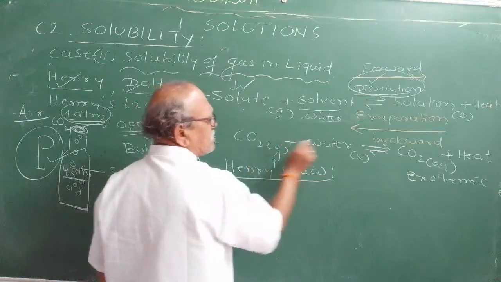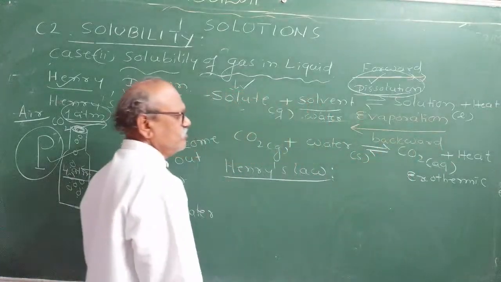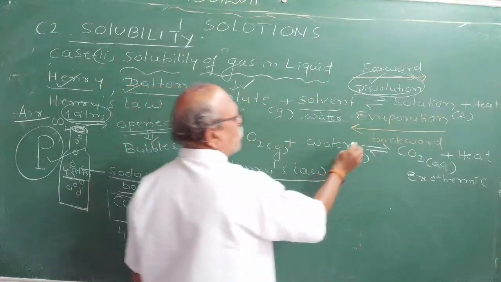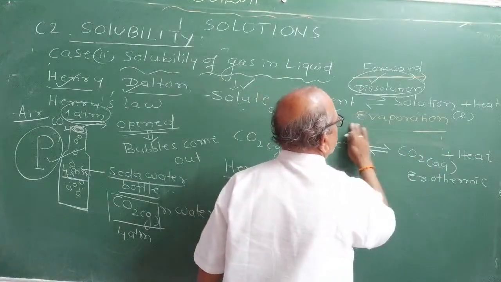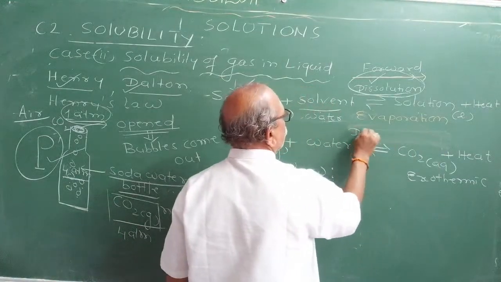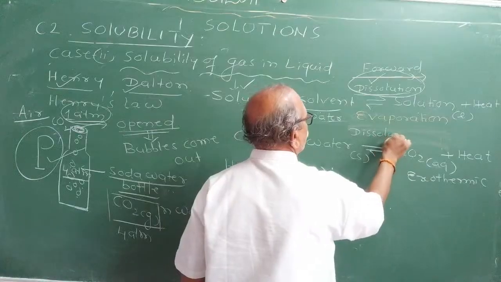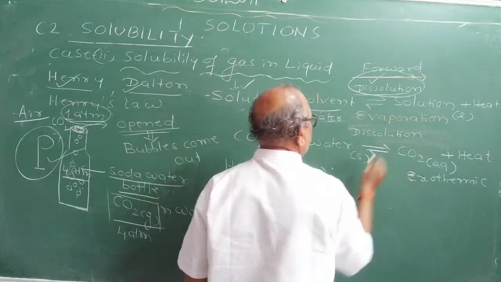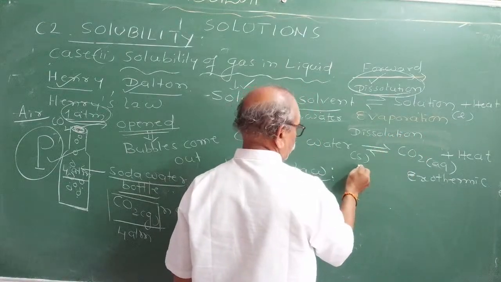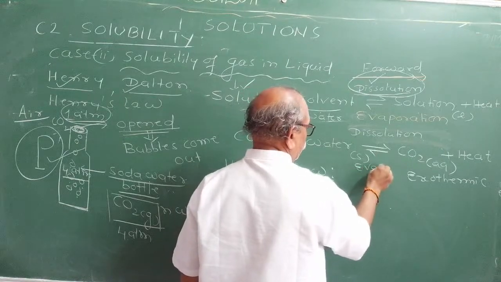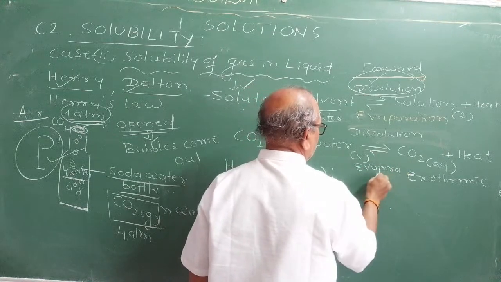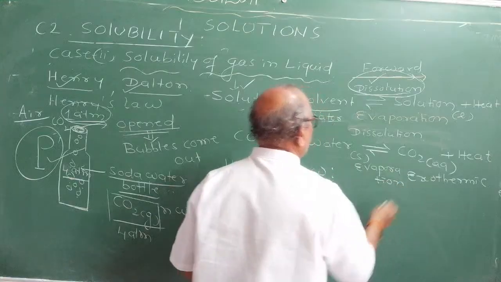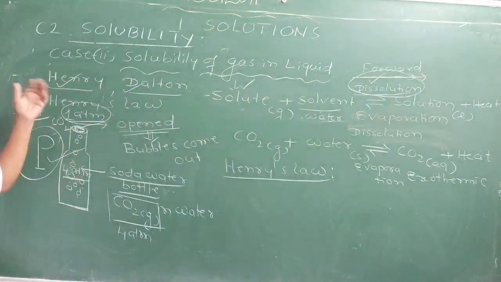Now here is a gas, there is no gas here. This particular reaction is called the dissolution again. This is called the evaporation of carbon dioxide gas. Once you open the bottle, evaporation takes place.